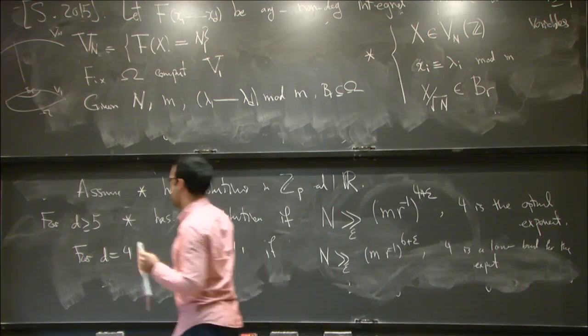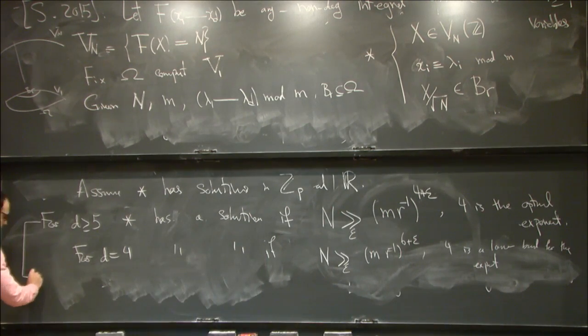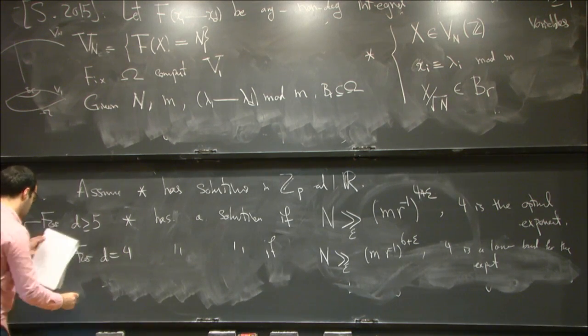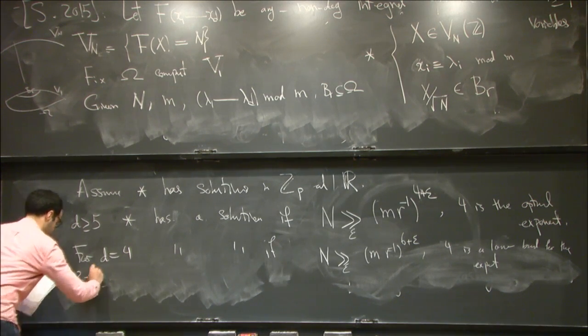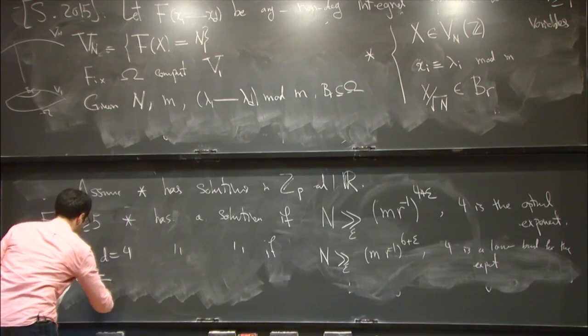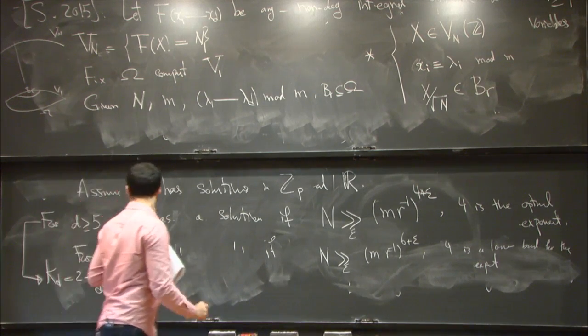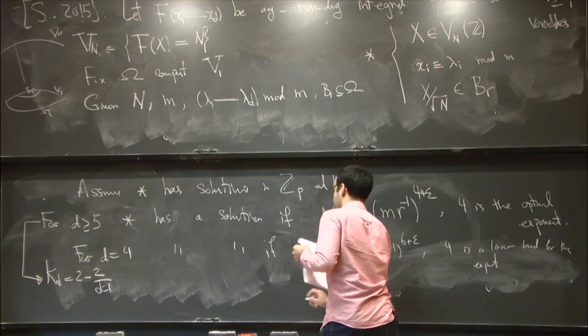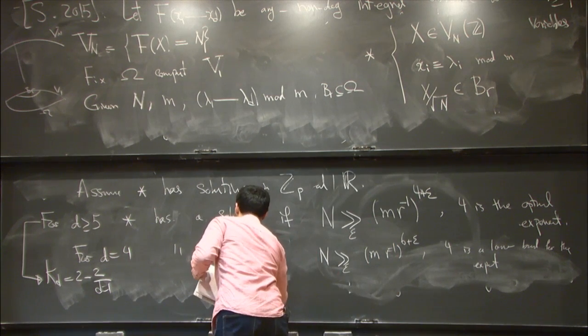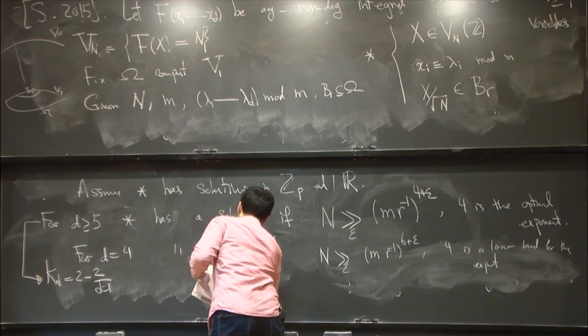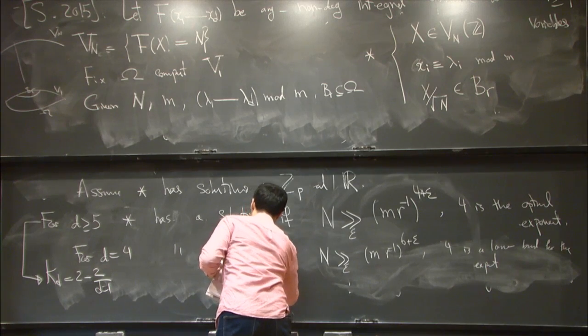So this result implies that K_d, as defined there, is equal to 2 minus 2 over d minus 1. And this recovers Sarnak's bound on K, bigger than 4 over 3 and less than 2.